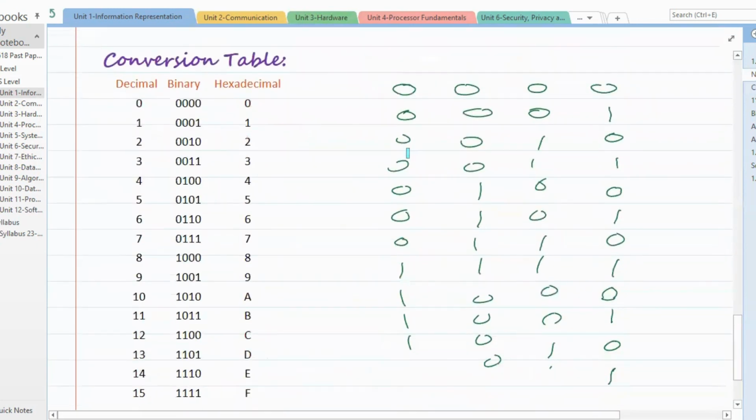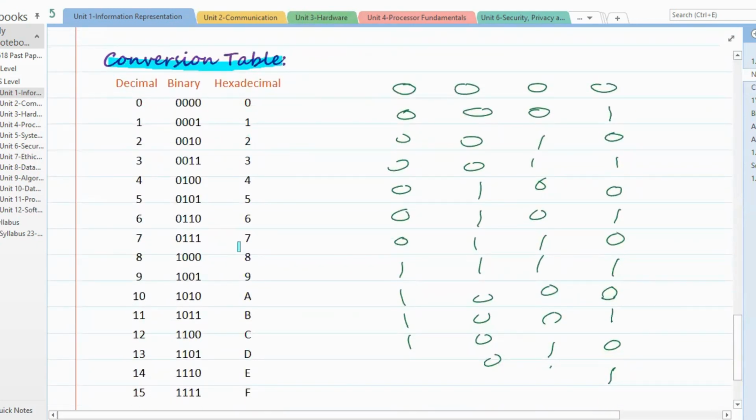Looking at that table, this one conversion table, just remember always this table. So this becomes very handy in all the conversions. So make this table on a rough page when you sit for an exam, or when you sit to solve past papers, or whenever you sit to practice these conversions. So make this table. This is very handy in all these conversions, right?